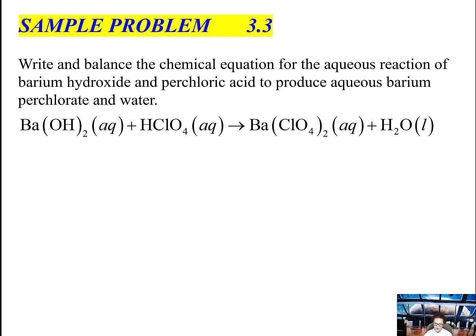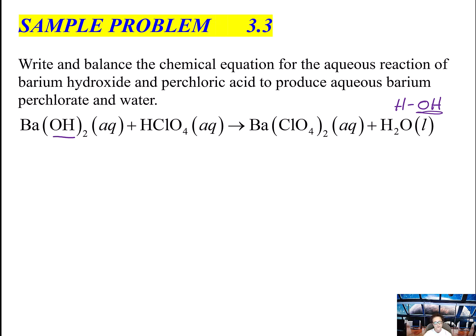All right, so in this case, notice I'm going to show you something that'll make your life easier. Water is H2O, but it can also be thought of as HOH. Why am I doing that? Because I have OHs on this side, and I can balance OHs if I have an OH on that side.